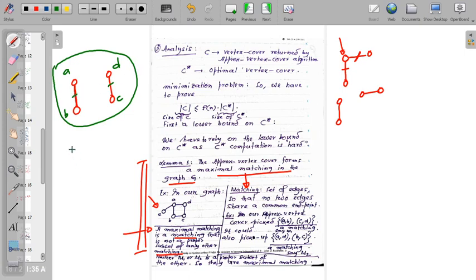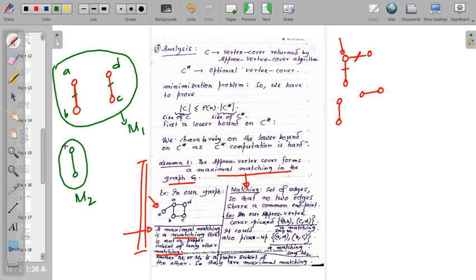But if I say this is a matching from this graph, AB, you see I can include another edge like this which is also a matching. So if I name this matching M1, and this matching M2, then M2 is a proper subset of M1.